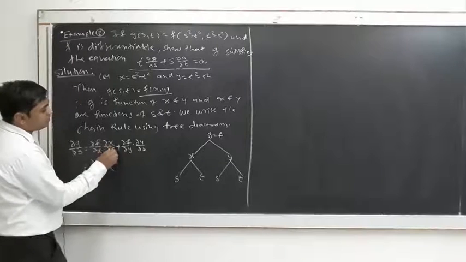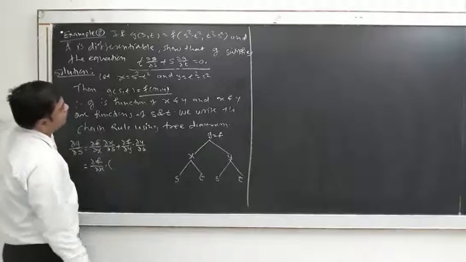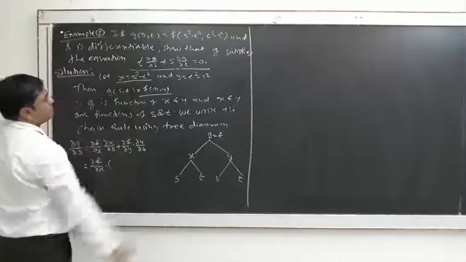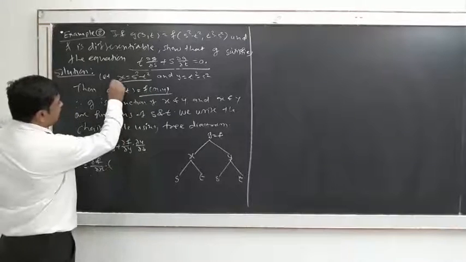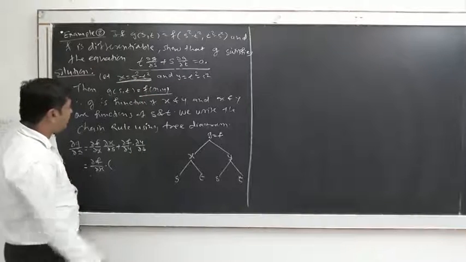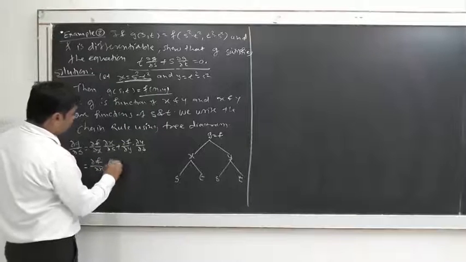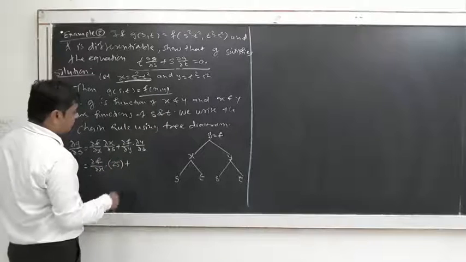So what is ∂x/∂s? The derivative of x with respect to s, keeping t constant, should be 2s.